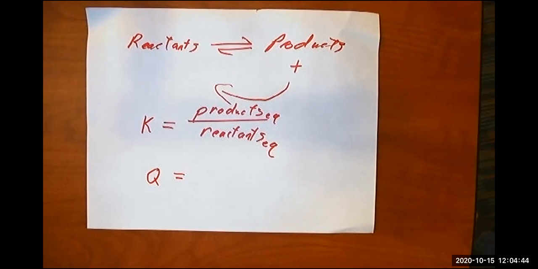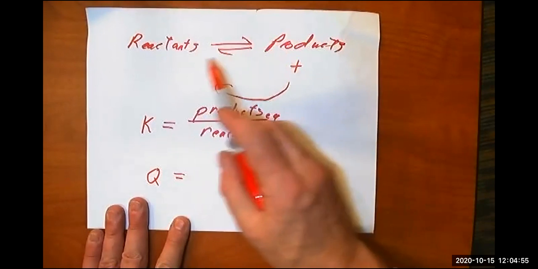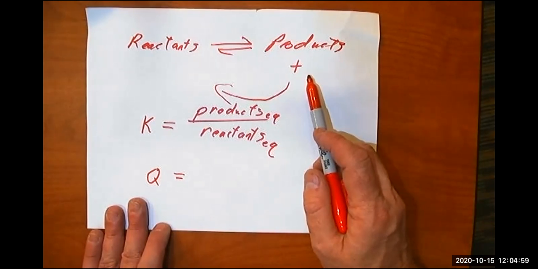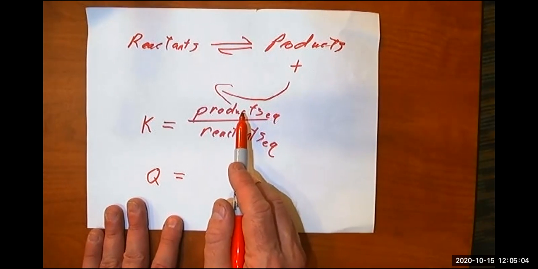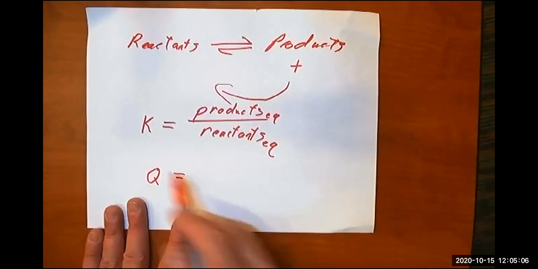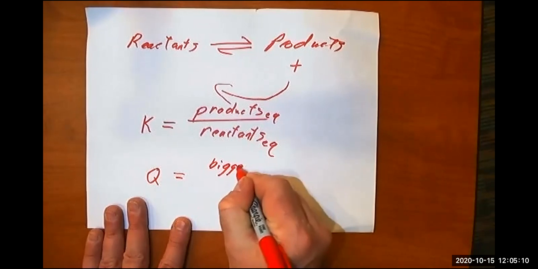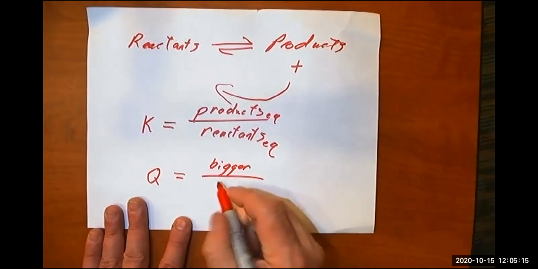Q is the reaction quotient, except that we do not have the assumption that we are at equilibrium in that situation. So in this situation here, where we have reactants in equilibrium with products, and we have supposed that we have added some product to the system, that means that we're adding something to the numerator. That means that our Q now has something bigger than it should on that side.